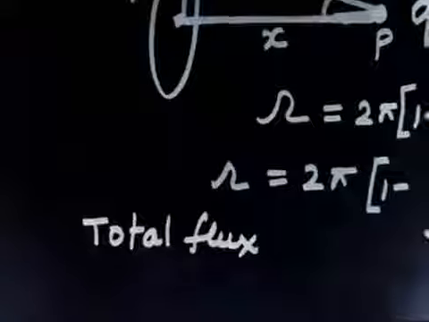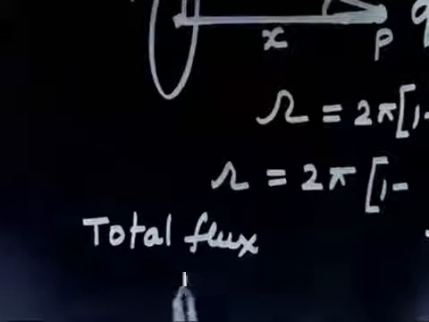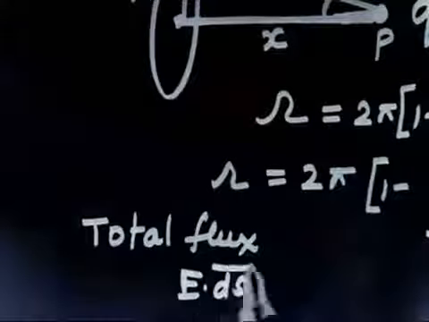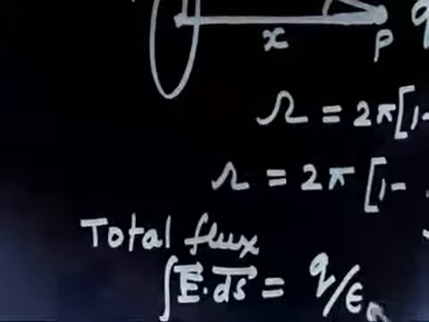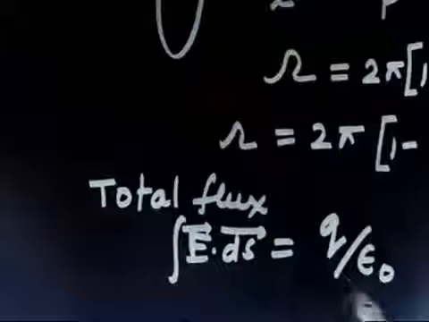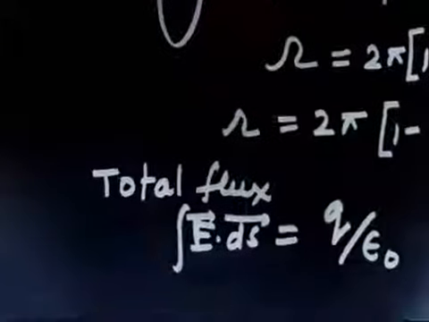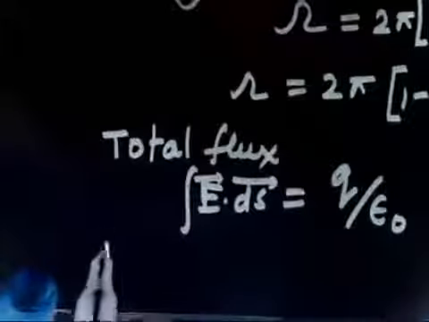Everybody knows the integral of E dot ds is Q by epsilon naught. Now this total flux passes through a solid angle of 4 pi, so I can use the unitary method.